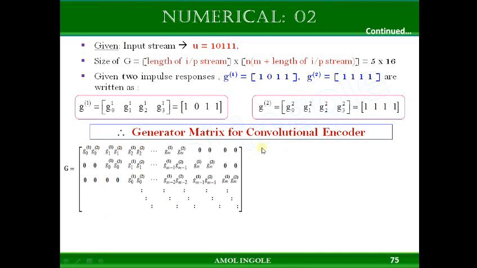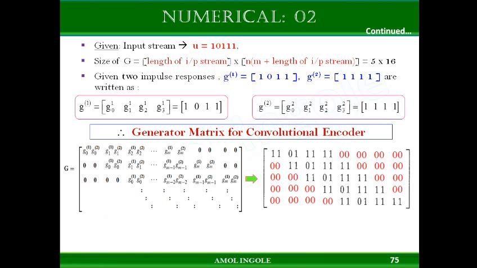So the first two bits in the first row of the generator matrix will be 1 1. You can see this here, 1 1, and this 1 1 comes from 1, that is first bit of G1, and 1, which is first bit of G2.